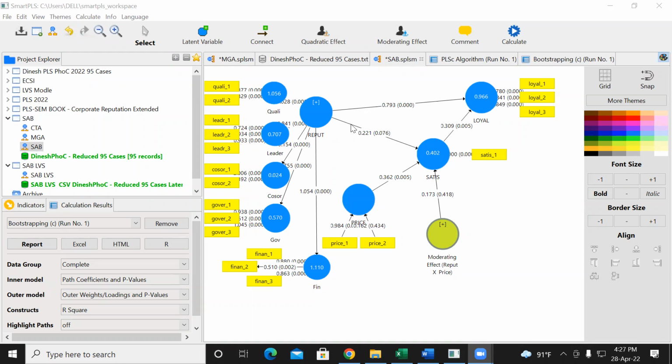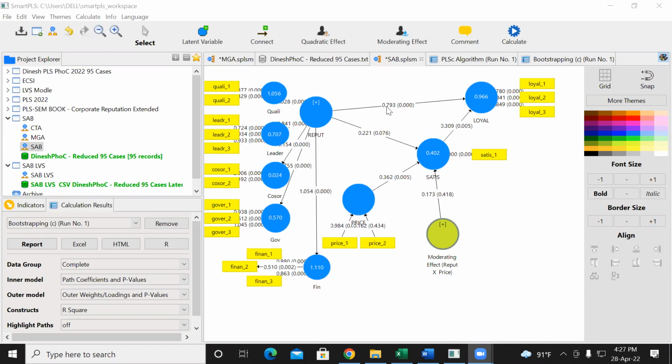That means there is a perfect or full mediation. But in this case, all three paths are significant. That means there's a partial mediation. Satisfaction does not fully mediate; it mediates to a certain extent. There can be some other mediators also other than satisfaction, which is further researchable. That is how you interpret and write.